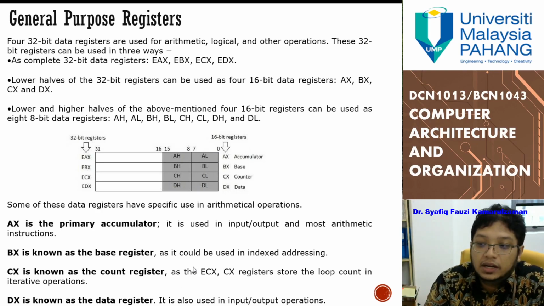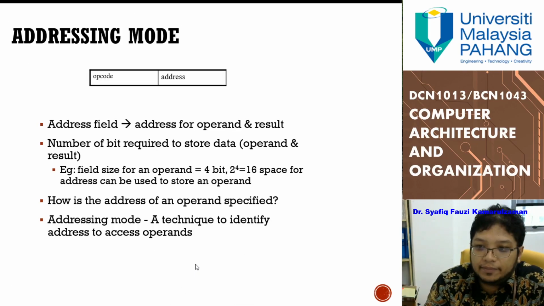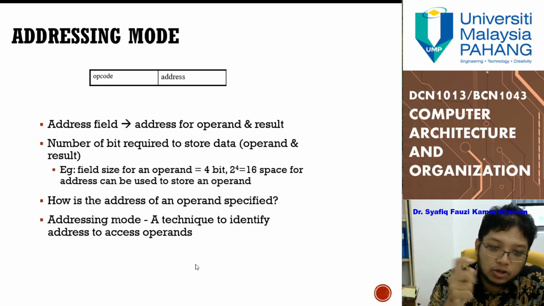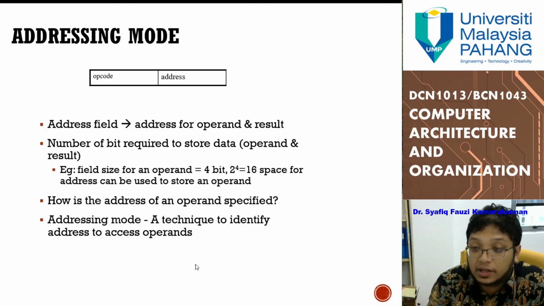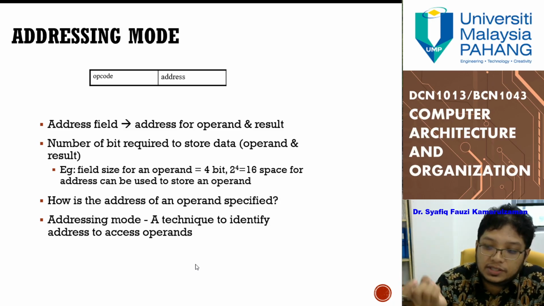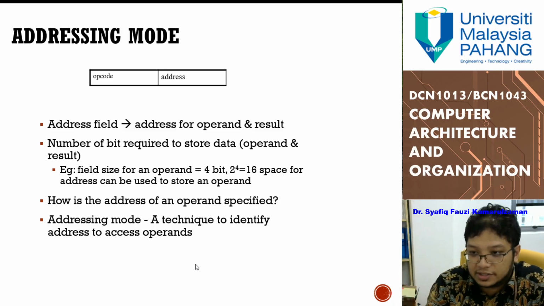Okay, so let's go ahead with the addressing modes. Usually inside assembly language, you have two things, which are the opcode and the operands. The opcode represents the operation, and the addresses represent the operands. The address field holds the address of the operand and also of the results.